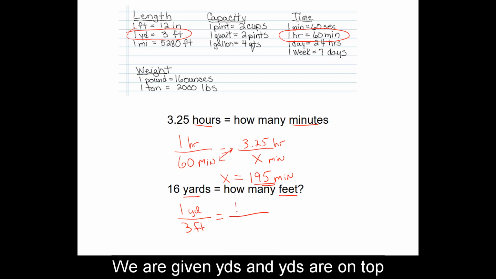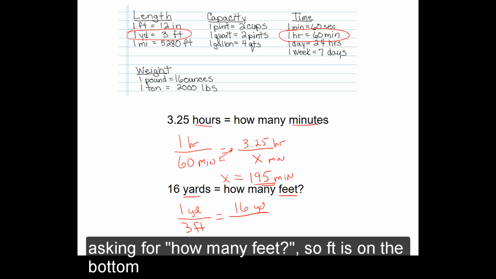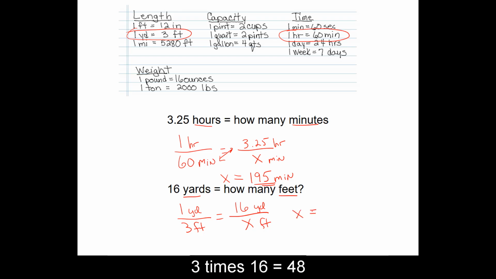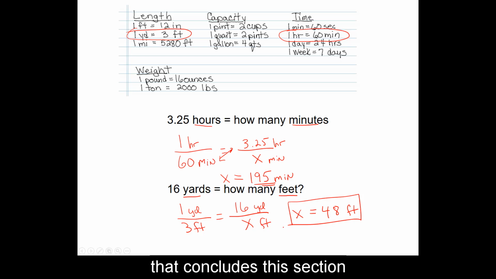Yards are on top, so I'll go ahead and put the 16 on top. They're asking for how many feet. Feet is on the bottom. And then we do the cross products. 1 times x is x, and 3 times 16 is 48. So your final answer is 48 feet. That concludes this section.